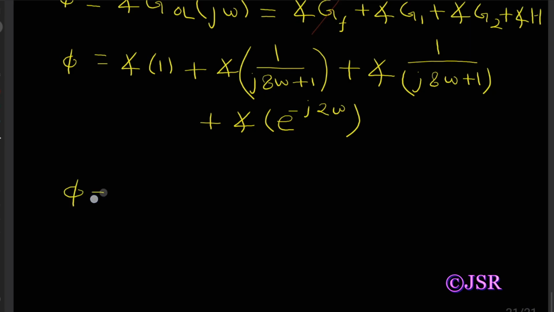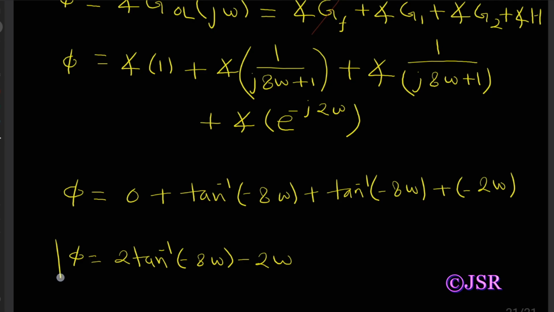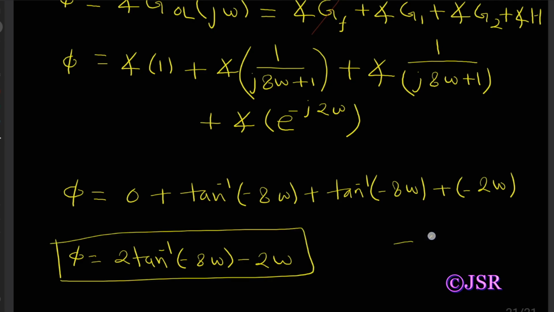So phi can be written as 0 plus tan inverse minus 8 omega plus tan inverse minus 8 omega minus 2 omega. So phi will be equal to 2 tan inverse minus 8 omega minus 2 omega. So this is the expression number 2 for the phase shift.